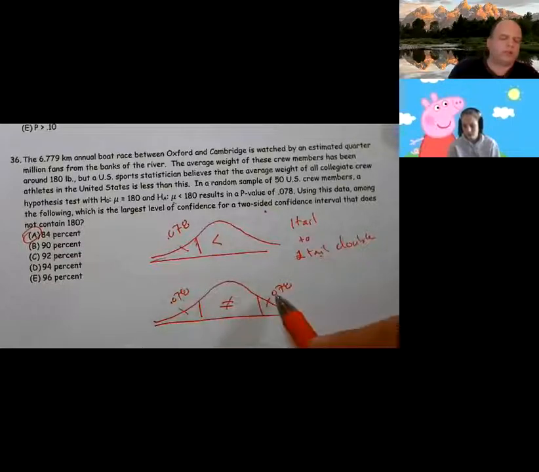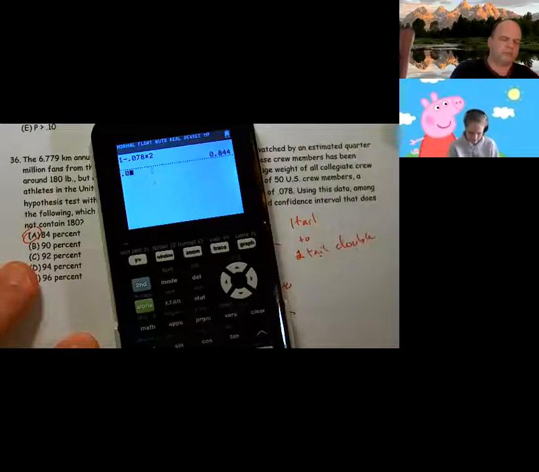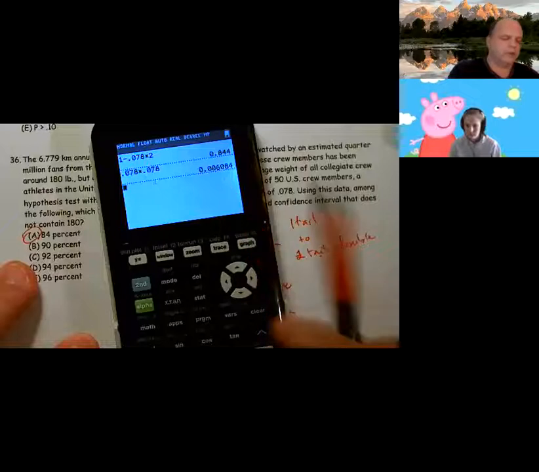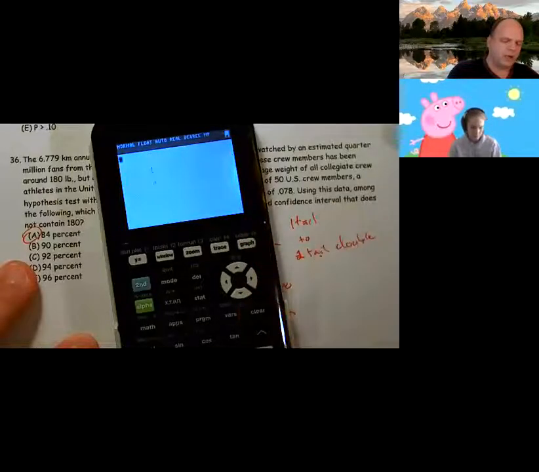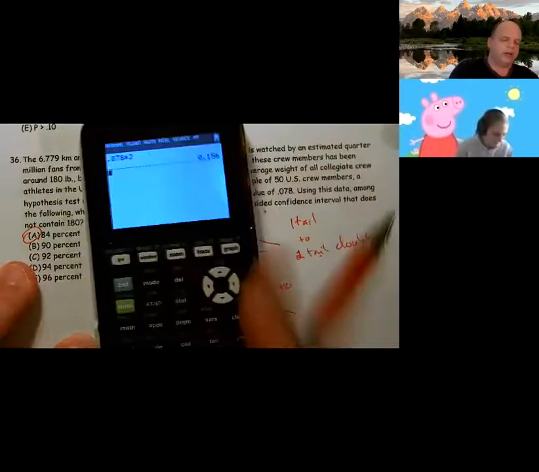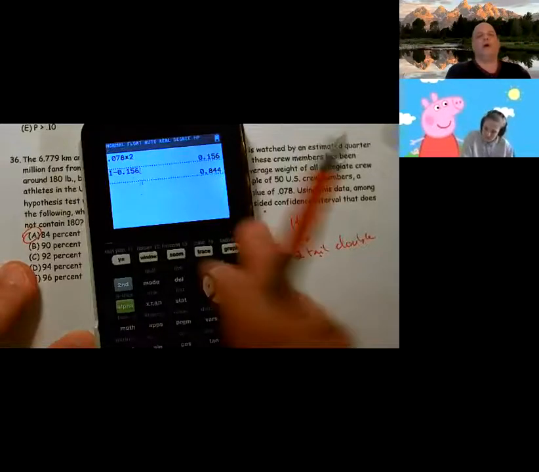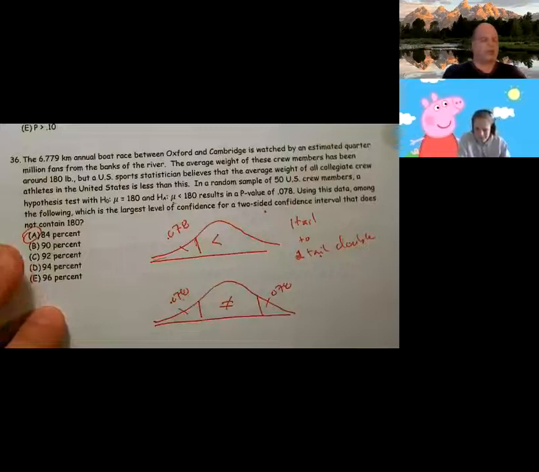So 0.078 times 2 is 0.156. So that's my area in the tails, and the rest of my area ends up being 0.844. So 84% would be my best answer.